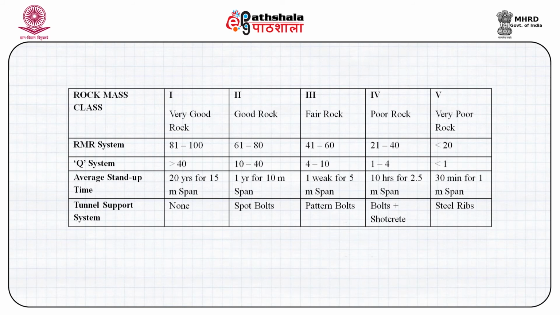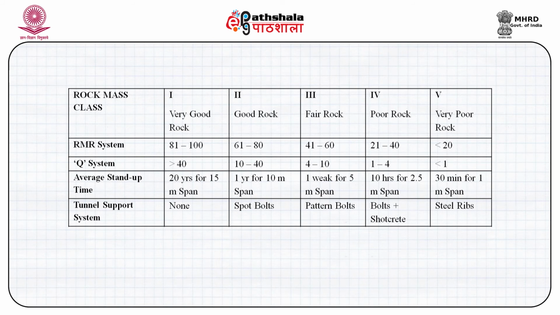Class 4 rock, which is also termed poor rock, where the RMR value is between 21 to 40 and the Q system value is 1 to 4, the 2.5-meter span has only 10 hours of stand-up time. So in this case, we have to install a lot of rock bolts, pattern rock bolts, plus we have to go for thick shotcreting.